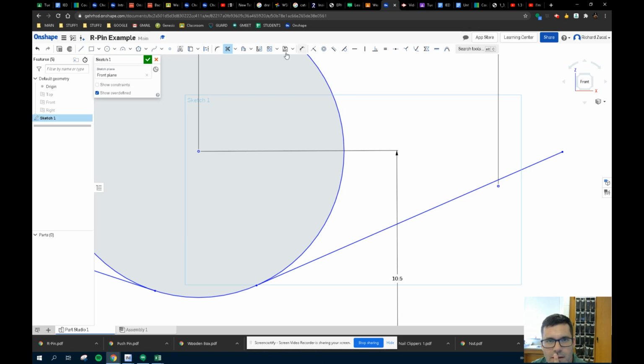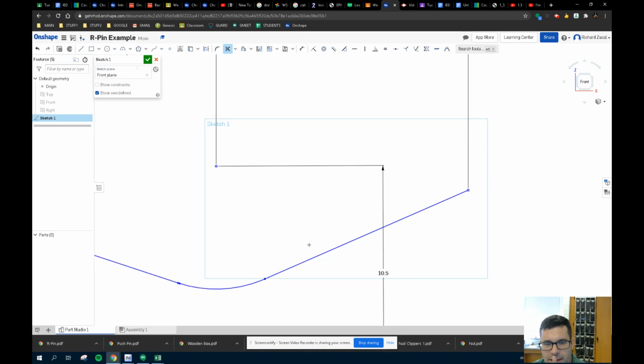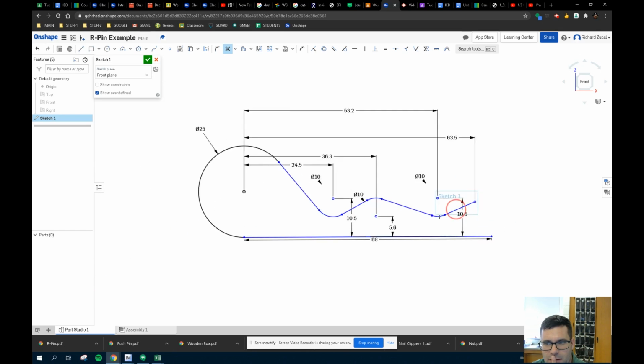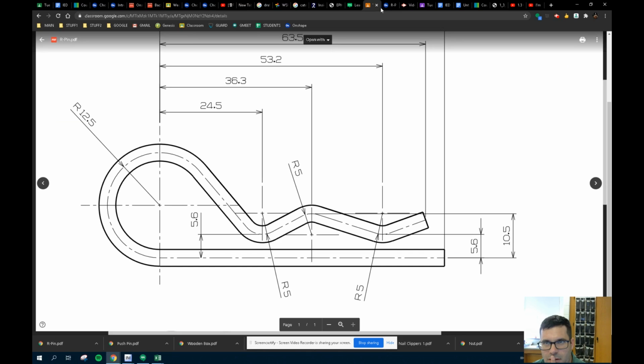Let's make this coincident to that line. Looks about right. It's close enough. Remember, it's okay if the stuff's not perfect. Let's trim that. Let's trim that. Let's see, does this look like this? Yeah, that looks pretty good. Good job, Richard.